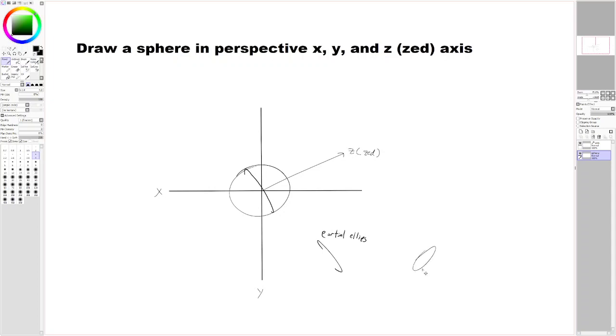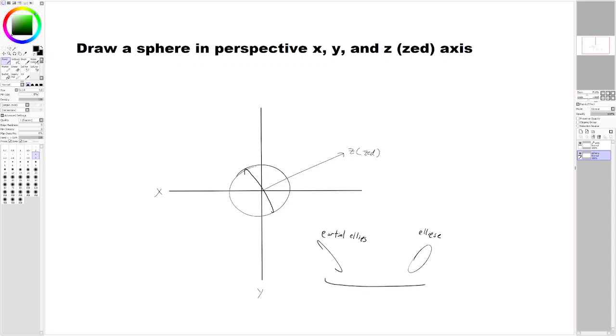But the whole purpose of these ellipses that you draw, that pretty much touch this corner and this corner, is to show the curvature around the sphere receding into 3D space. And it's as simple as that.